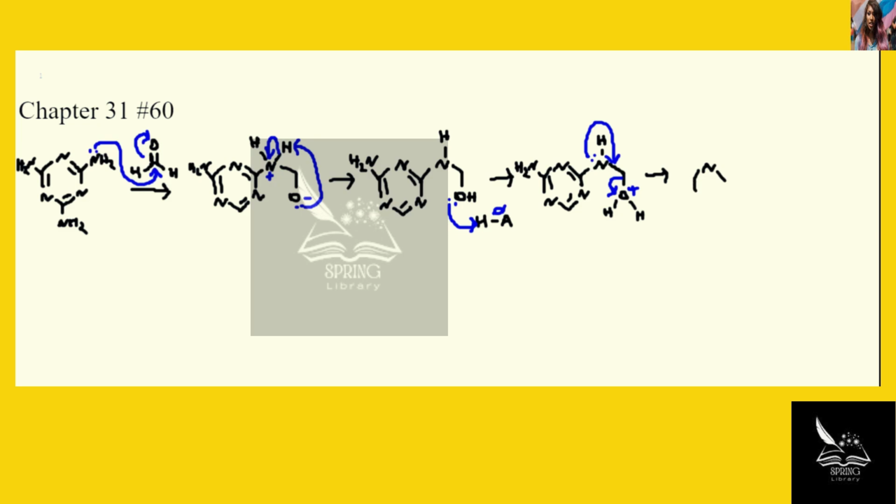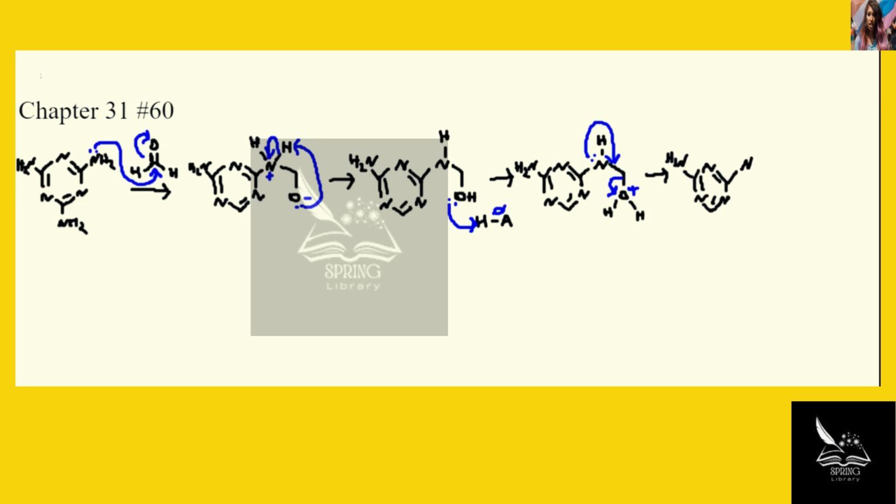You should remember that makes sense because we always want to put charges on more electronegative atoms. And nitrogen is much more electronegative than carbon. And so that makes sense.